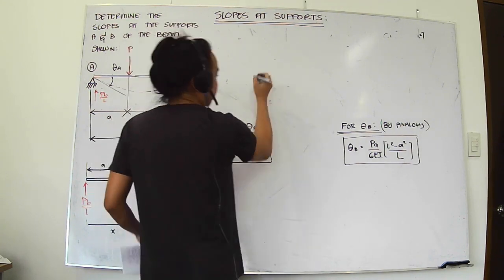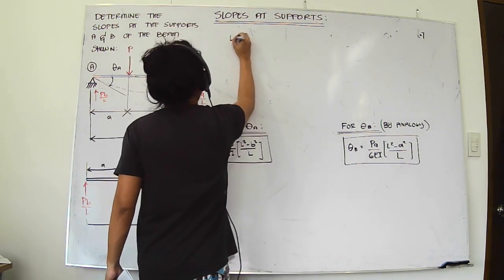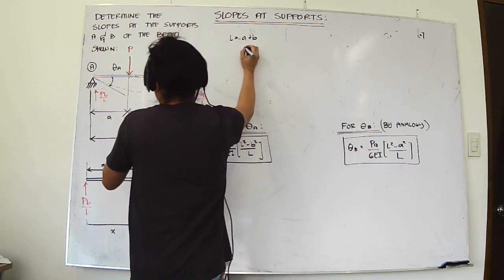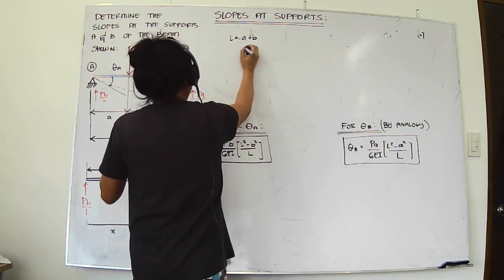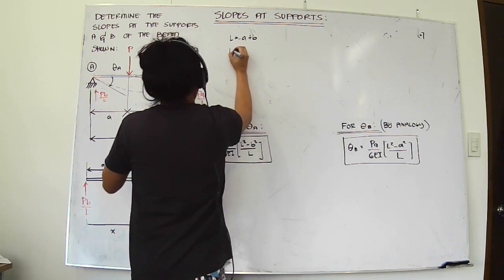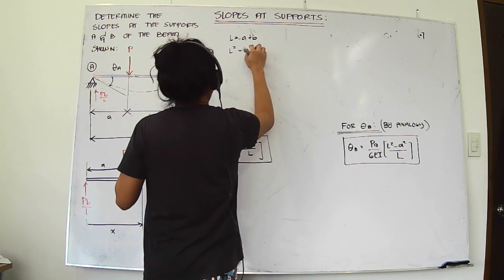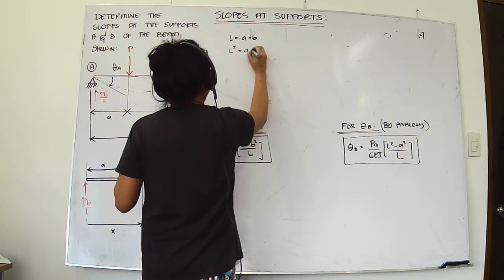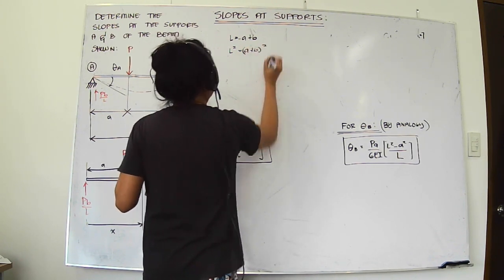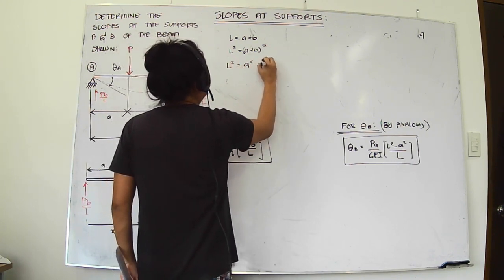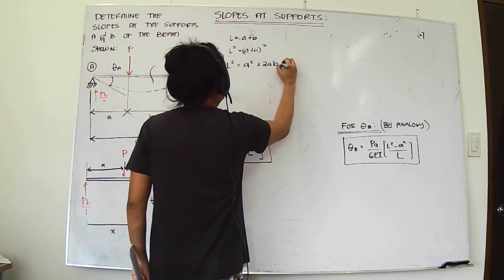L is equal to A plus B. So L squared is equal to A plus B squared, so L squared is equal to A squared plus 2AB plus B squared.